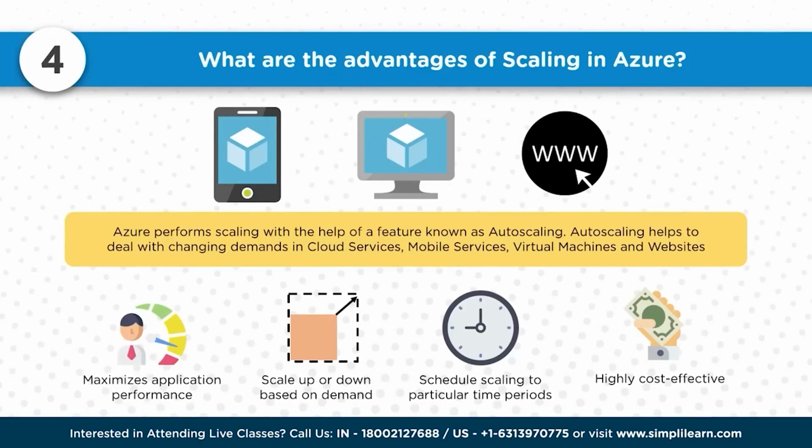So it actually maximizes the performance. That's what auto scaling does. And like we said, auto scaling scales up and scales down based on demand. It not only scales up but also scales down to help you with the cost.